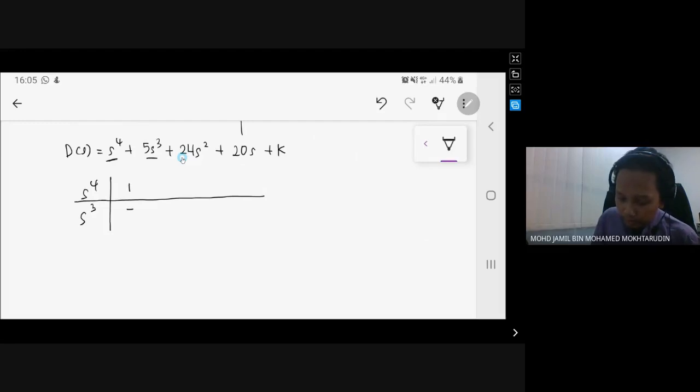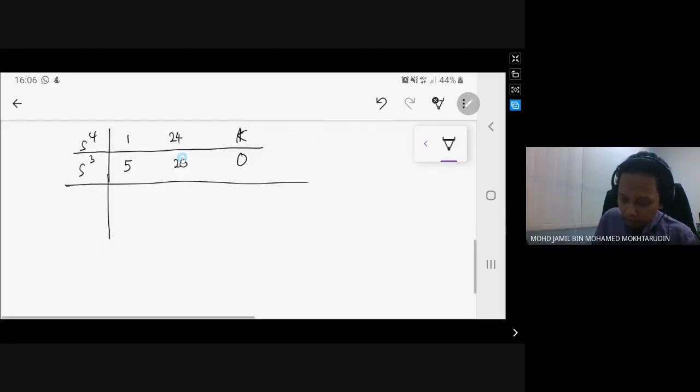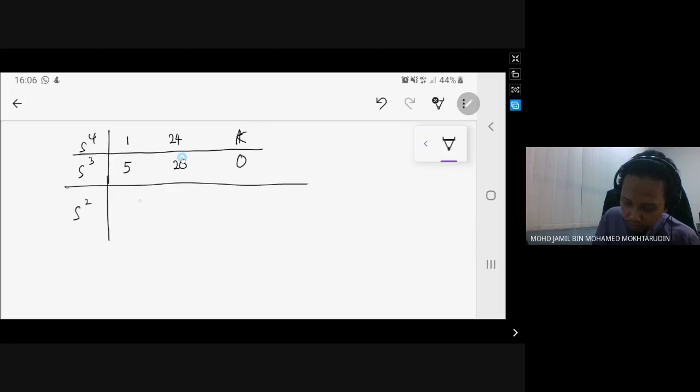So 1, 5, 24, 20, K, 0. And then you calculate the determinant for S2. So minus 1, 5, 24, 20 divided by 5.